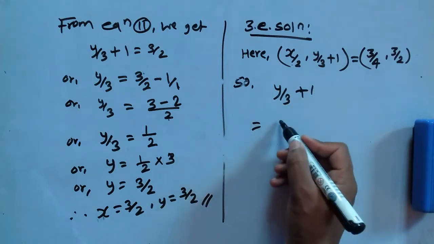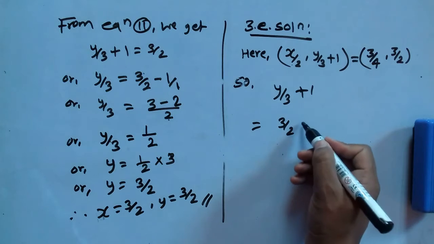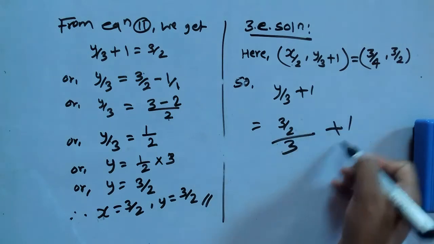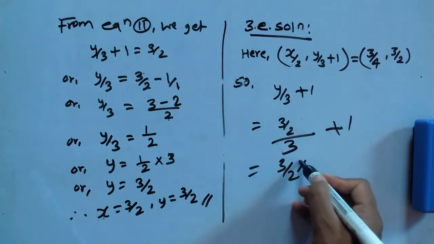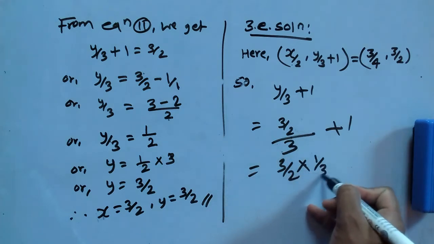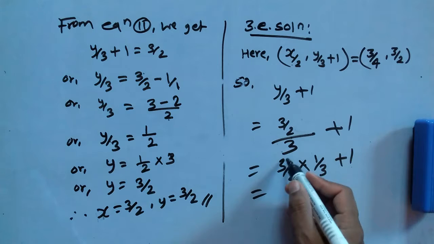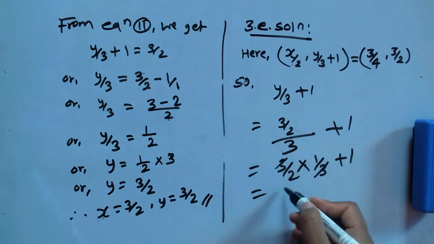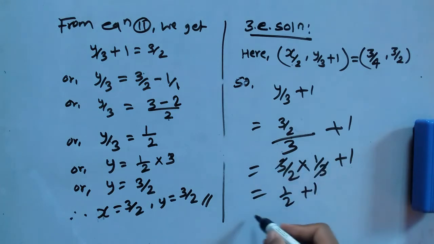Here y is 3 by 2 divided by 3 plus 1, then 3 by 2 into, the division sign changes to multiplication, then 3 will be reciprocal, plus 1. This 3 will be divided, and here it will be 1 by 2 plus 1.